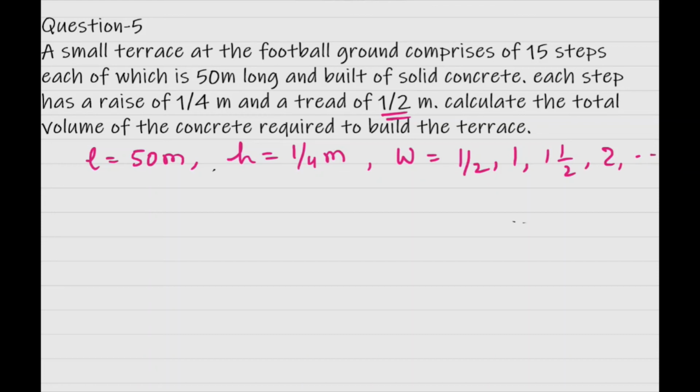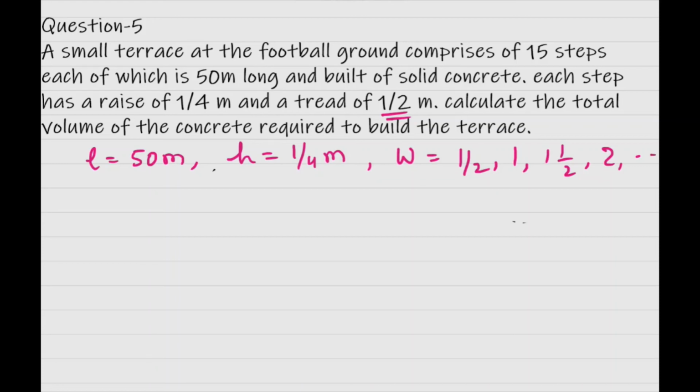So the volume will also keep on increasing for every step. So we need to find out the volume of each and every step so that we can finally calculate the total volume of all the 15 steps.